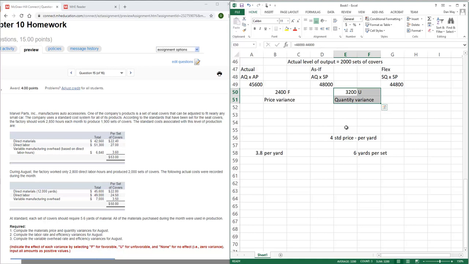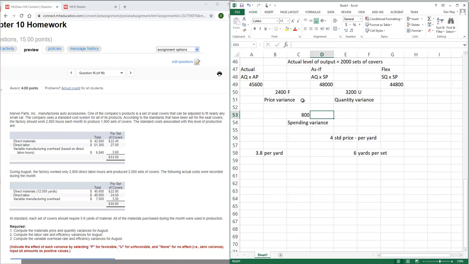Now the problem doesn't ask for this, but let's also go ahead and figure out what our overall spending variance for materials would be in this particular period. Remember, that comes about from the difference between our actual, our $45,600 in this case, minus our everything at standard from our flex, our $44,800, for a grand total of $800.